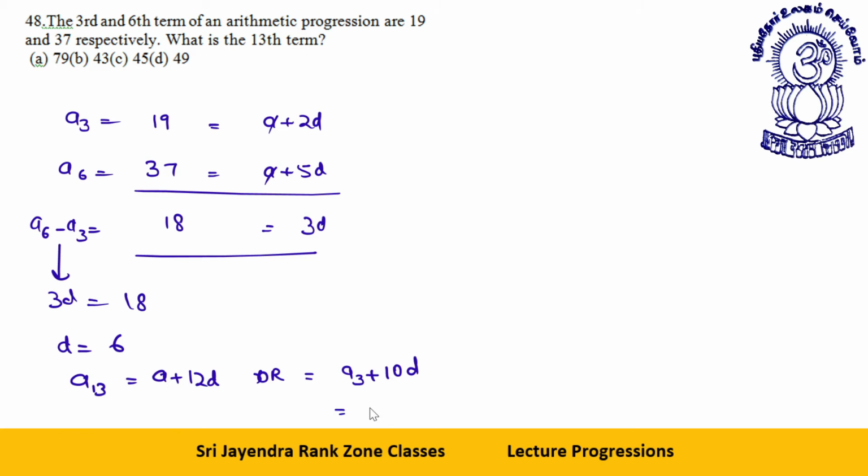What is A3? 19 plus 10 times 6. 19 plus 60 is what? 79. Option number 1 is our answer. Okay, dear students, I'm sure it is clear to all of you.